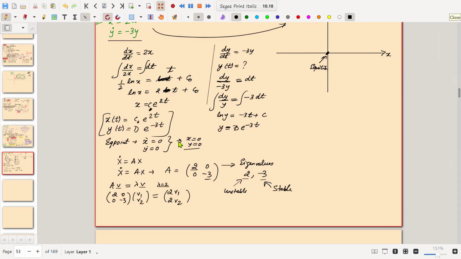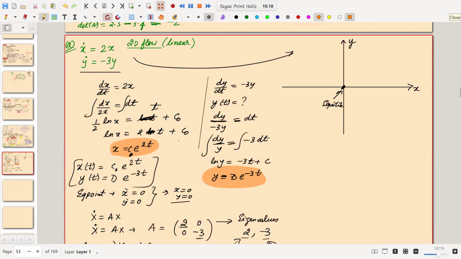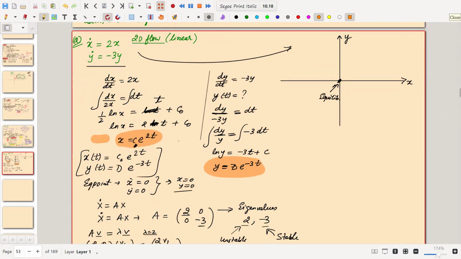Okay, I want everyone to use their visualization power to visualize the solutions to this. Let us use these two things here: x equals c e to the power 2t and y equals this. By using these two, can we predict how it will look on the figure on the right? Can you see this x here?